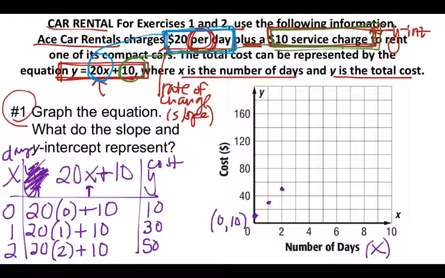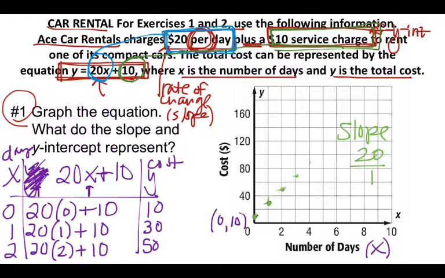So you'll start noticing my slope was 20. You didn't even have to do a table. All we had to do was say, originally I'm at $10. Well, my rate or my slope is 20 over 1. So I'm going to rise 20 and I'm going to run 1. There's my next point. Rise 20, run 1. Something else that's been happening, you do not need to draw these little triangles on here.